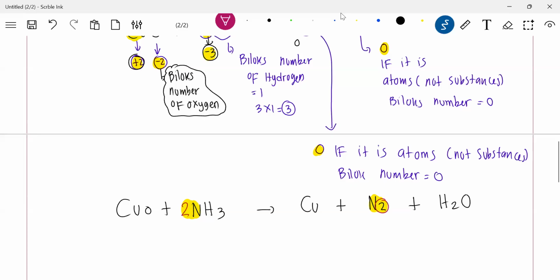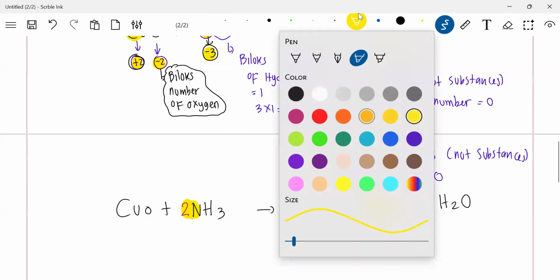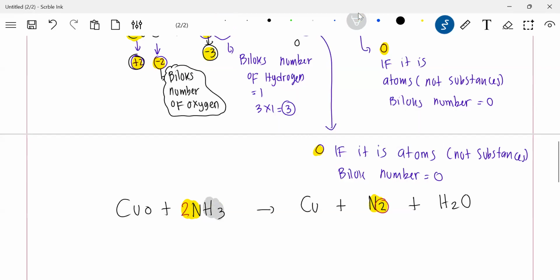Okay. Next step, we have to balance the hydrogen. Take a look, how many hydrogen on the left? 3 hydrogen. But on the right, only 2 hydrogen. Not the same. But be careful because the coefficient is 2.